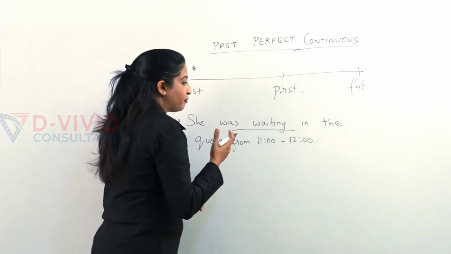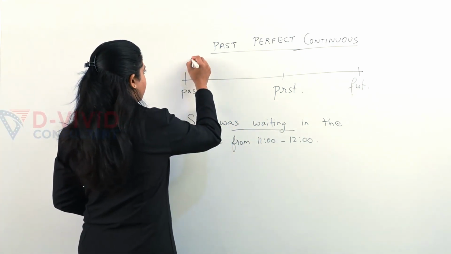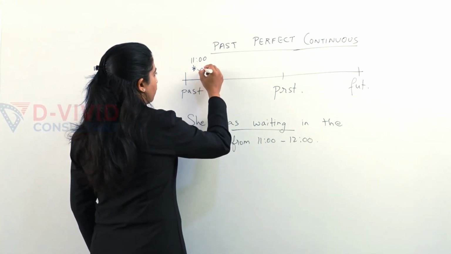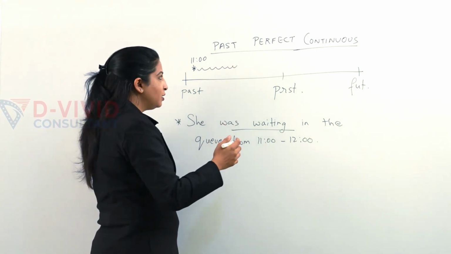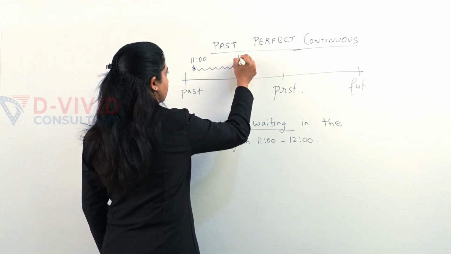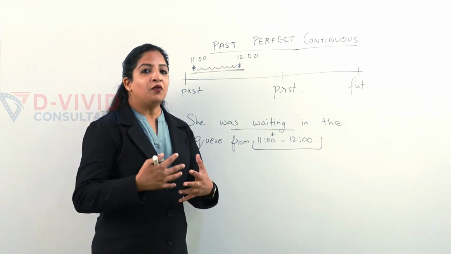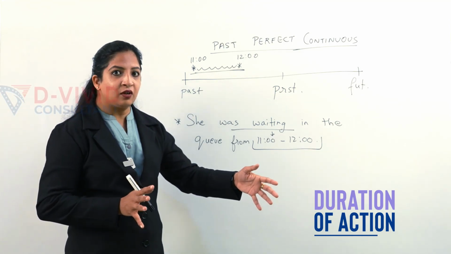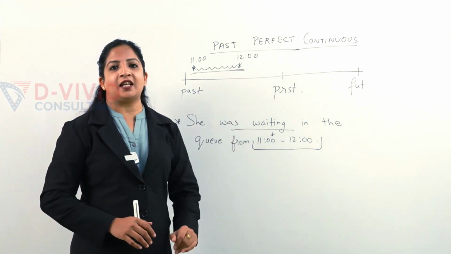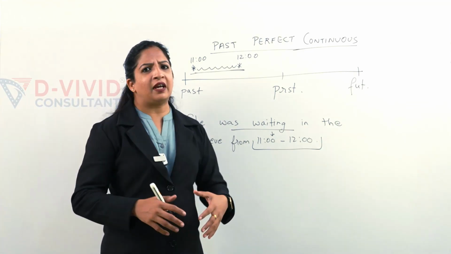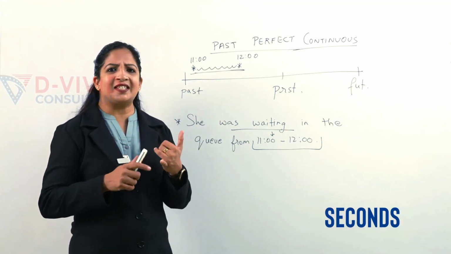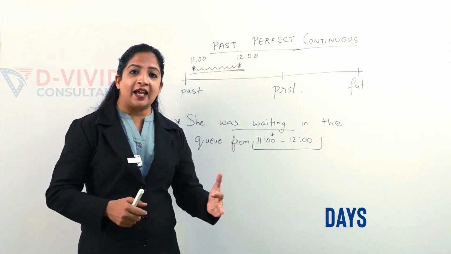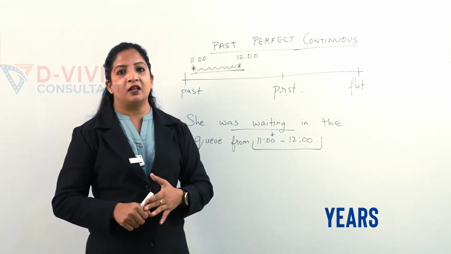Her act of waiting started at 11 o'clock, which continued for an hour. So when you want to show the duration of some action or activity, this is the tense of choice. Now this duration can be anything: seconds, minutes, hours, days, months, years, any.